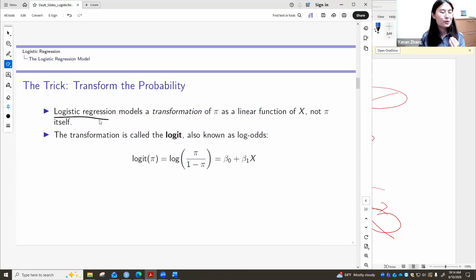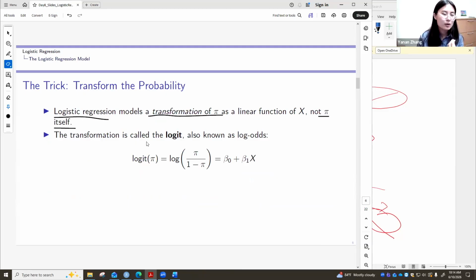What logistic regression does is it does not fit the probability directly on the left side. Think about the equation. On the left side of the equation, it's not the probability itself. Instead, it models a transformed probability.